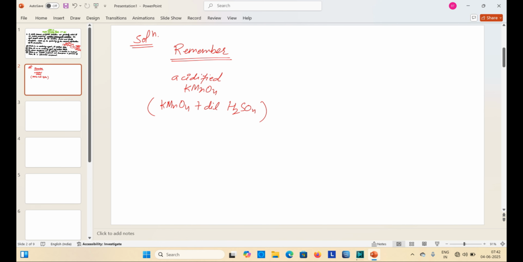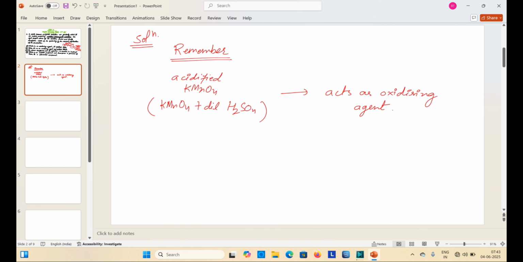The combination of potassium permanganate plus dilute sulfuric acid is called acidified permanganate solution, and it always acts as an oxidizing agent.